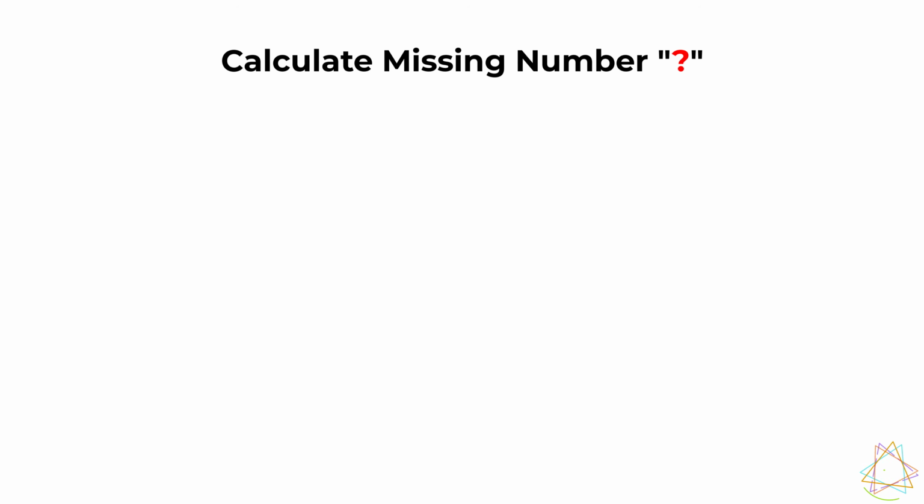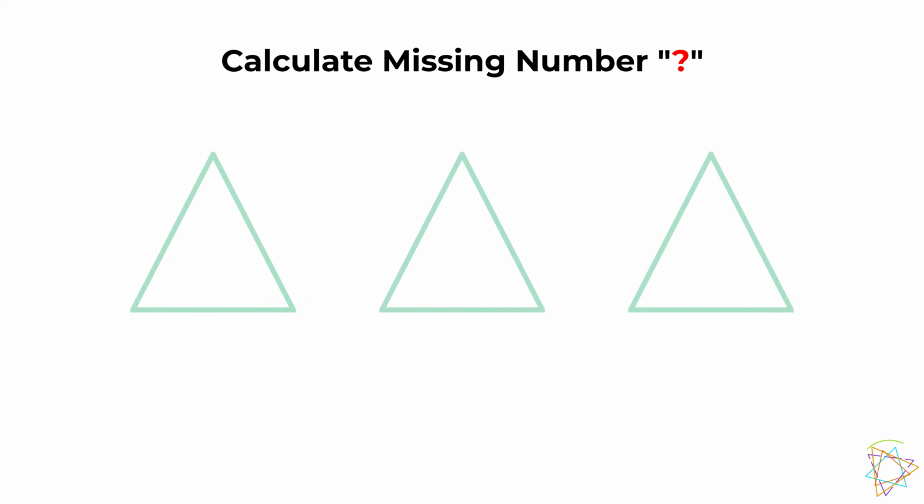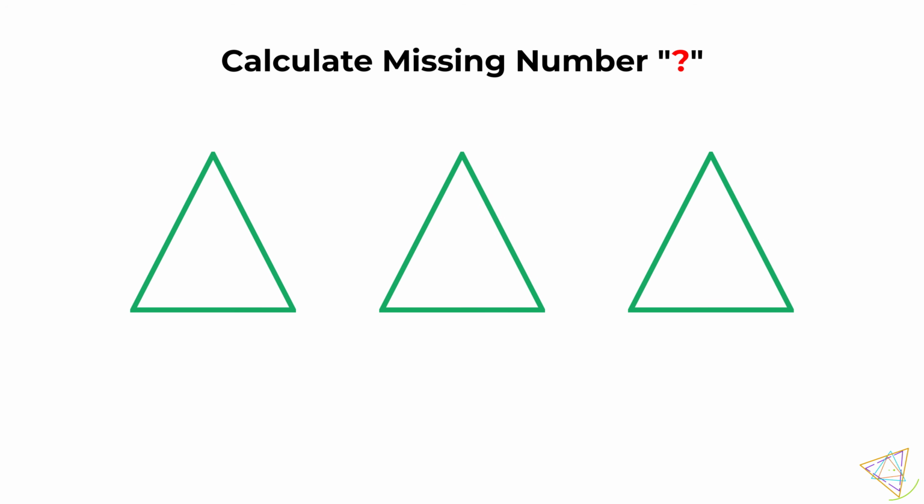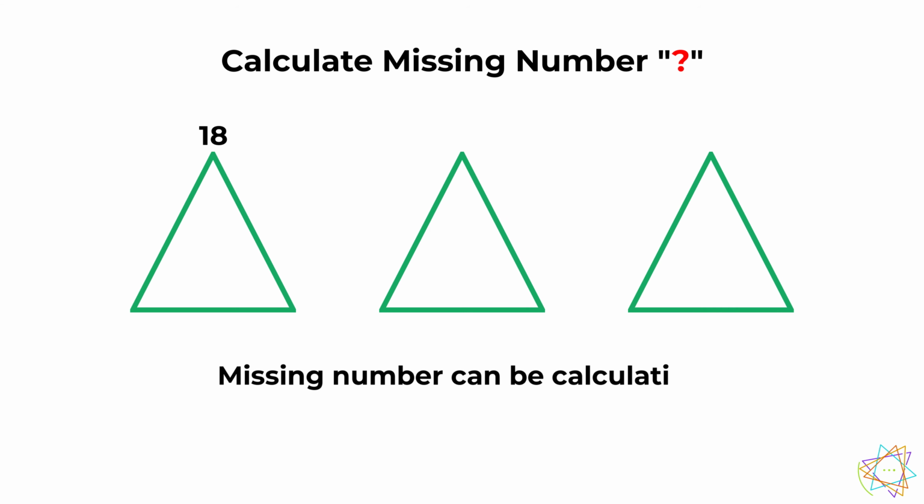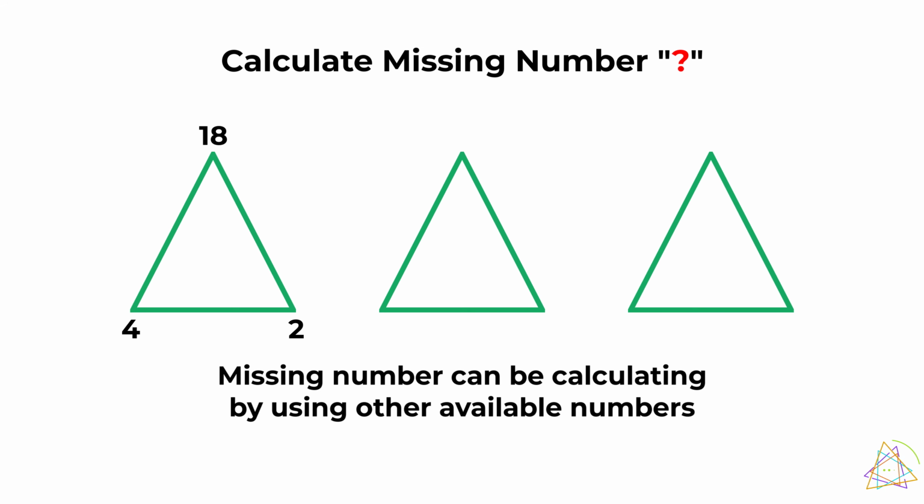You need to calculate the missing number, and you're presented with 3 triangles. Each triangle has numbers in the corners as well as in the middle. First triangle has number 18 on the top, numbers 4 and 2 at the bottom, and number 3 in the middle. Second triangle has number 56 on the top, numbers 6 and 1 at the bottom, and number 8 in the middle.